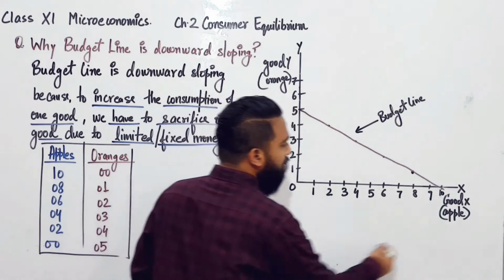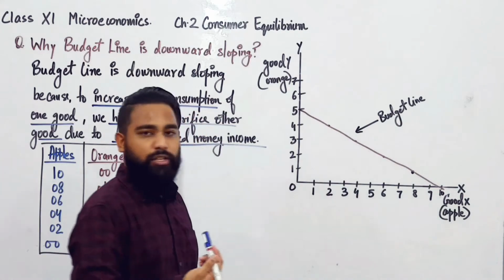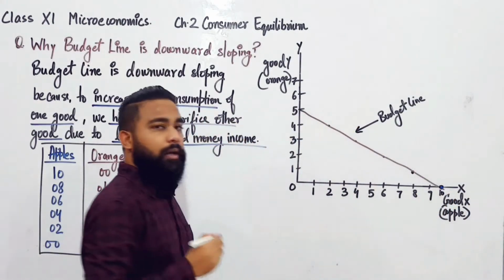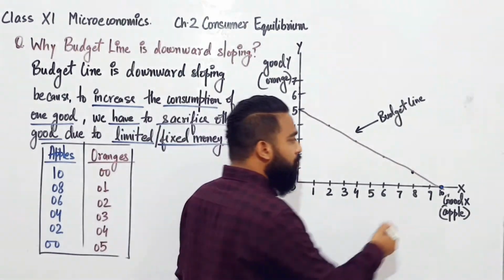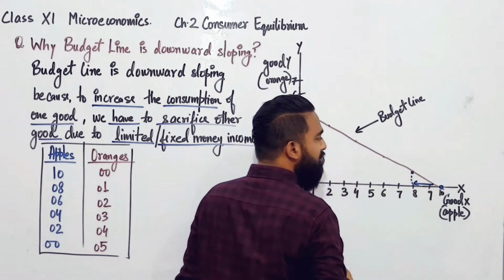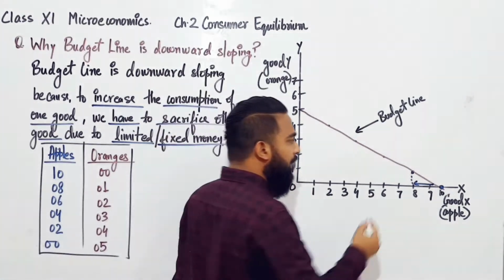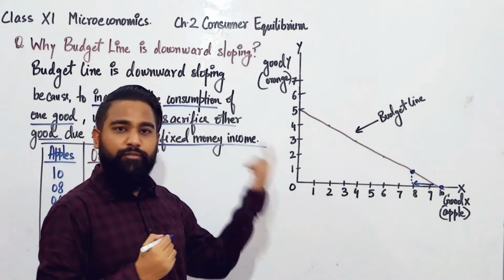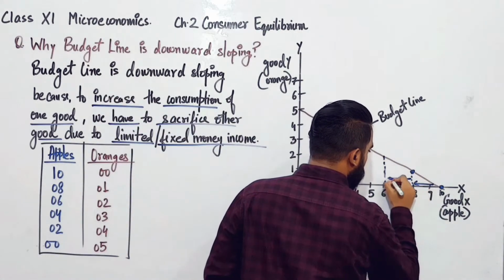First of all, you are buying 10 apples and 0 oranges. Then the point was here. You were at this point. But now you have to buy 1 orange also, so you have to move back so that your consumption of orange can increase. Now again, you are at this point and you have to increase 1 more unit of orange, so again you have to go back.